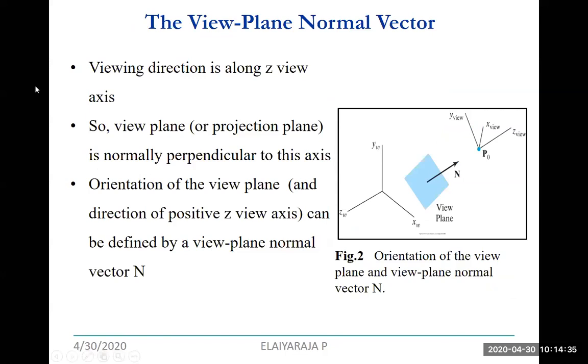The view plane, how you check whether it is parallel or perspective projection, it is going to check. Always along with your viewing coordinates, you consider the normalized vector also. The viewing direction is along your z view axis.